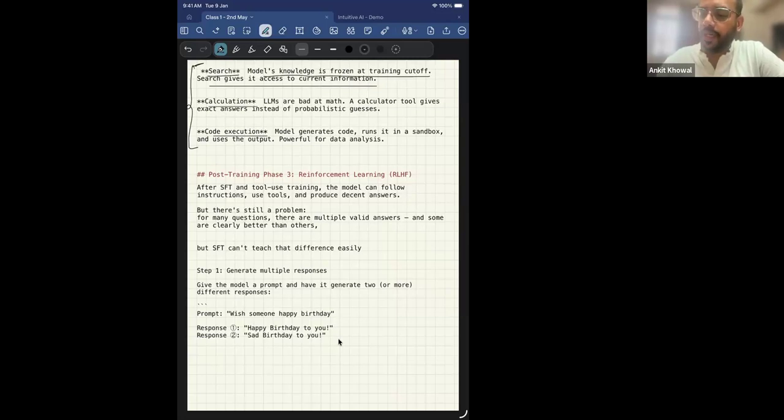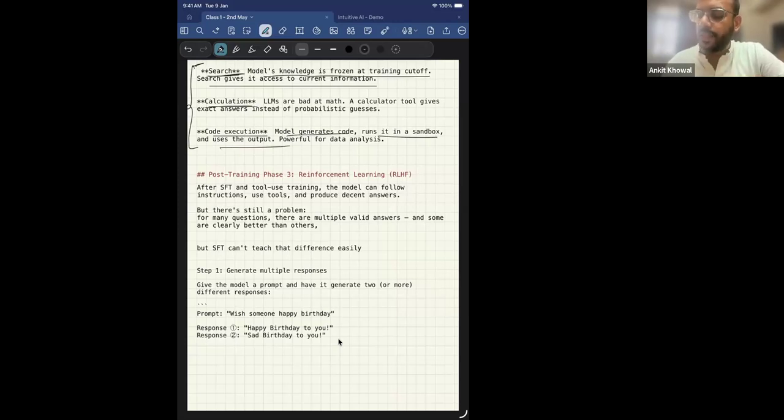How does it do that? It has been given this search tool to look up the data. If you ask it a math question, it does not know how to do the math, but it has been given a calculator tool, which can do the calculation for it. Similarly, for code execution, when the model generates the code, it runs it in a sandbox and uses the output. Then it can give the answer.